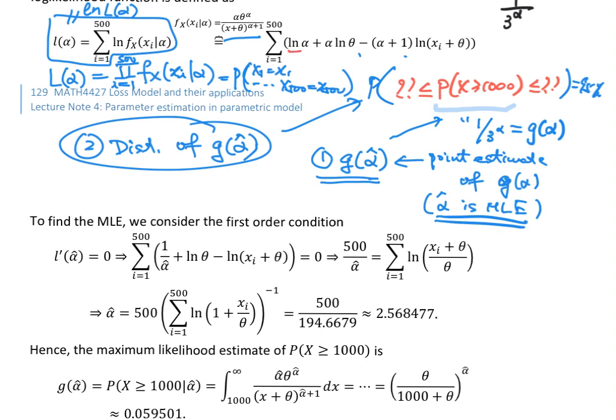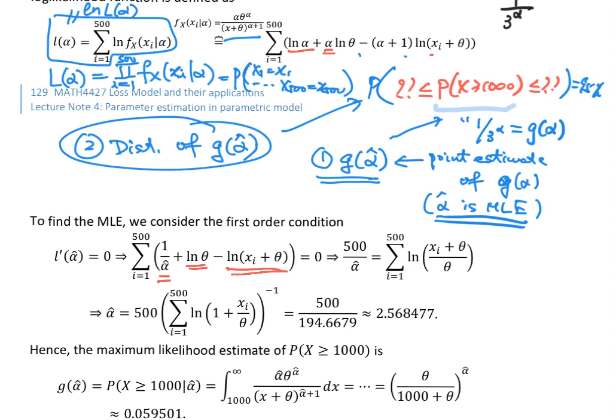For the first term, which has the natural log of alpha, that will become 1 over alpha. For the second term, you only have a single alpha, so when you differentiate, you only have the natural log theta. And for the third one, when you differentiate, you only get the natural log of xi plus theta.